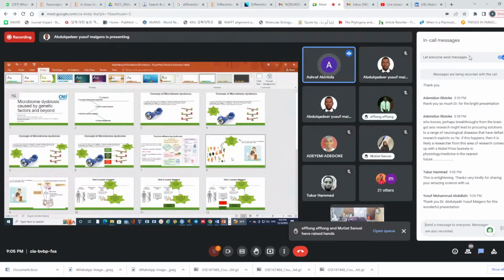So I think his question is, what is the role of the microbiome in this aspect of signaling, and how do they affect or influence disease occurrence, or the way this microbiome assists each other?